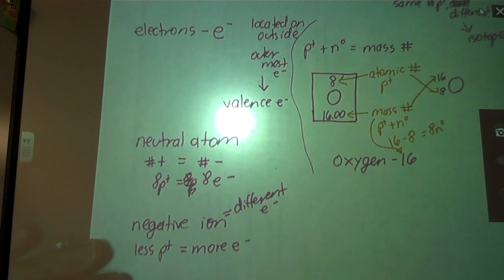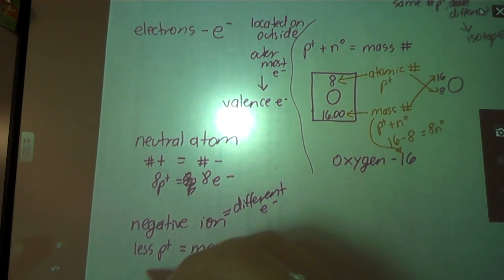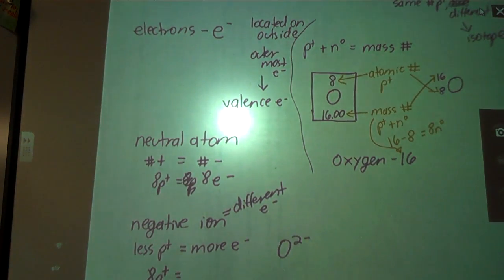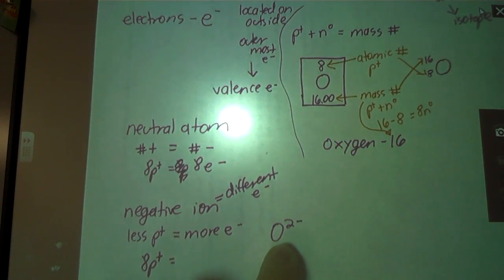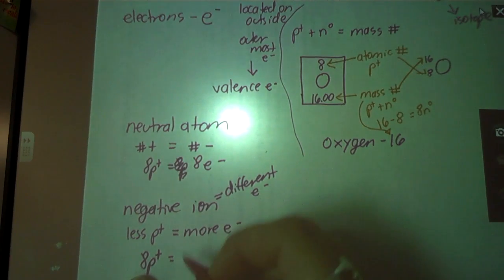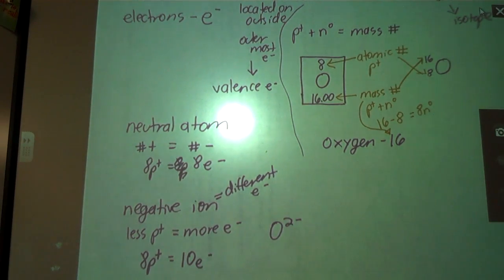In this case, oxygen takes a -2 charge, which means that I can't change protons. I still have to have 8 of those. But in order for my oxygen atom to take a -2 charge, I must have 2 more electrons. So 8 plus 2 is 10 of those electrons.